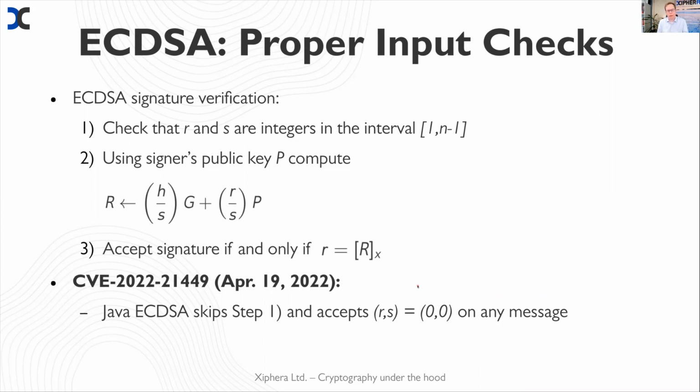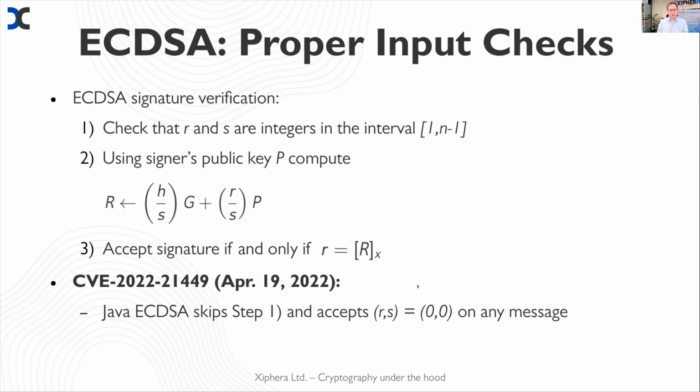The first step in the ECDSA verification is to actually check that the received signature values R and S are in the correct interval. Unfortunately, a widely spread Java implementation had a design flaw that it didn't actually do these essential checks and accepted an invalid signature with value 0 and 0.